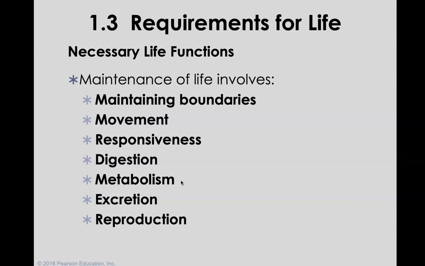Your cells have to go through mitosis to be able to produce new skin cells as you shed them off. Or as you grow, you have to be able to make new osteocytes so your bones can grow and things like that.